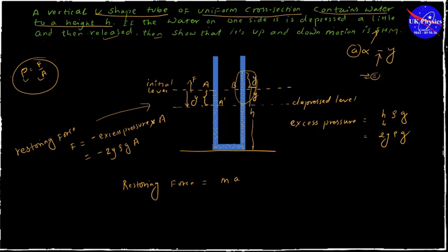So restoring force equals mass times acceleration, and mass is volume times density, and volume is simply 2h times the cross-sectional area A. Volume times density gives us the mass, and we have the acceleration a here.